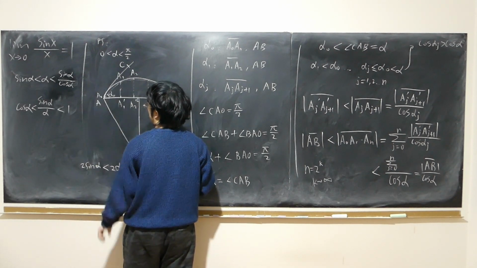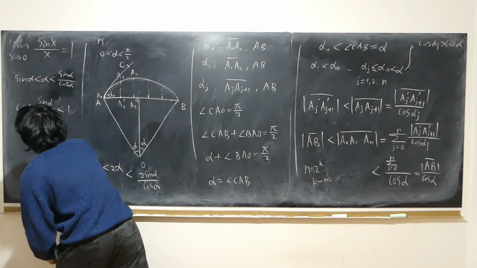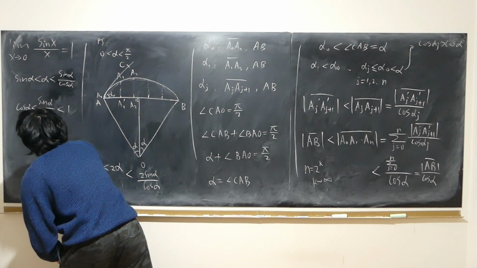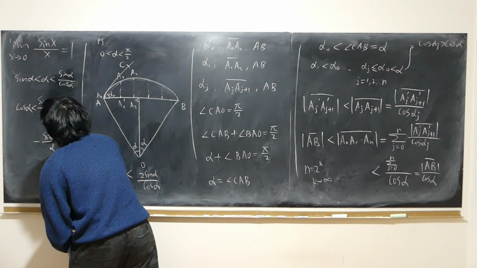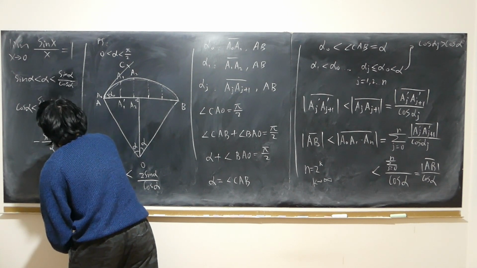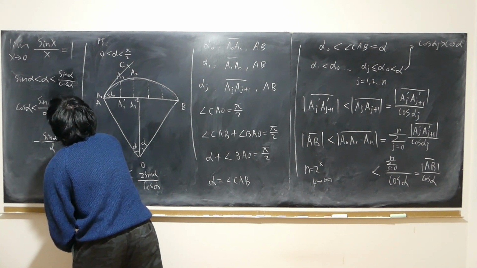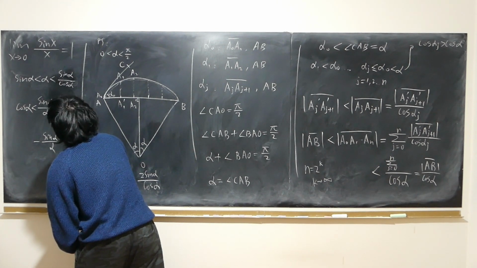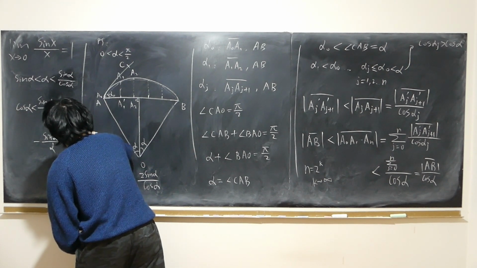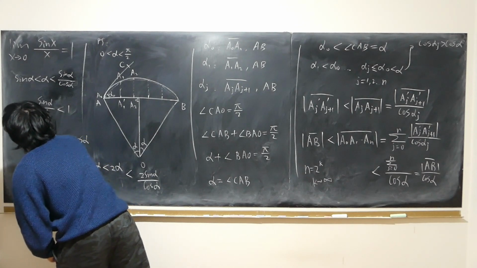Right, bigger than cosine. How about minus sine alpha over alpha? Right, change the inequality, change direction. Smaller than, bigger than that, smaller than, minus cosine alpha, bigger than minus 1.